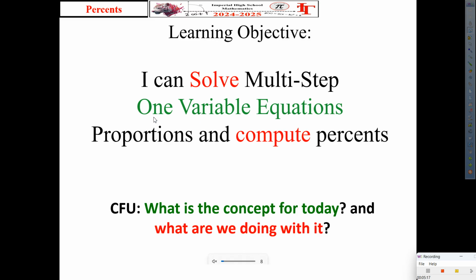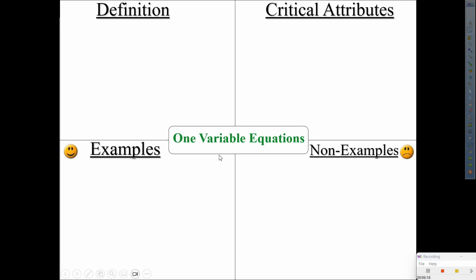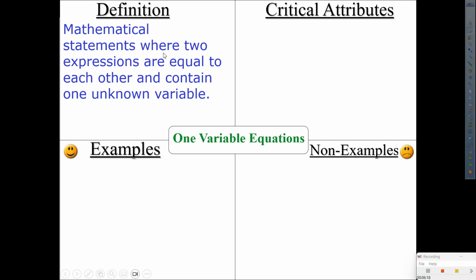So with that said, one-variable equations, what are they? Write this down. One-variable equations are mathematical statements where two expressions are equal to each other and contain one unknown variable.